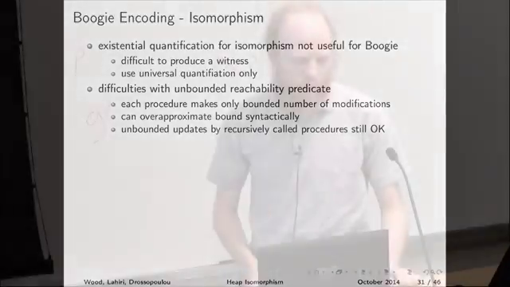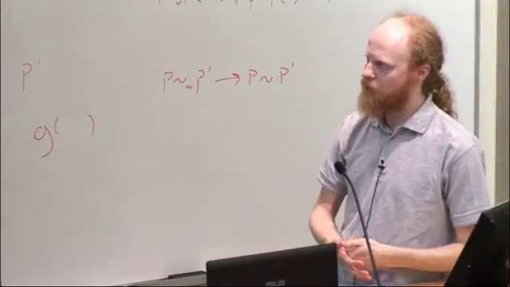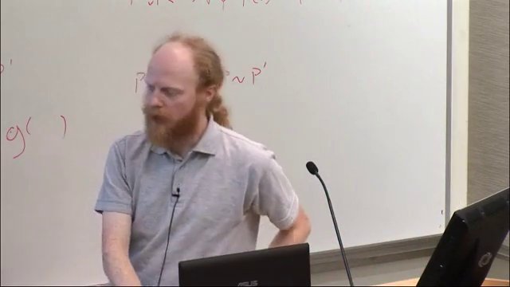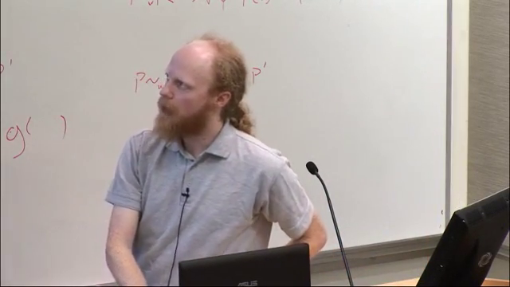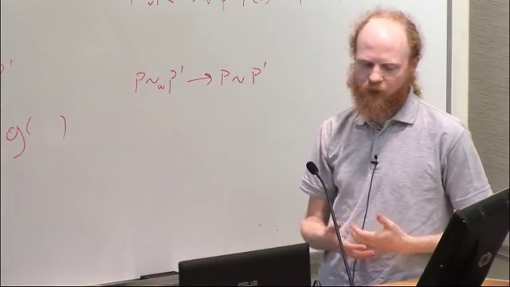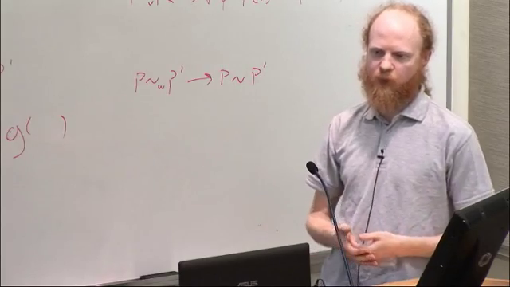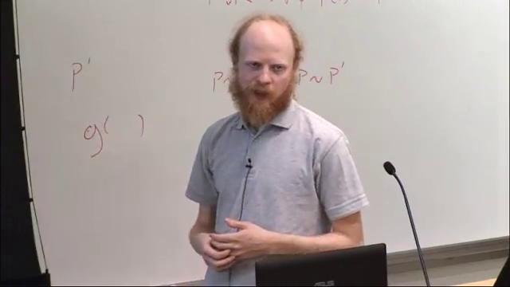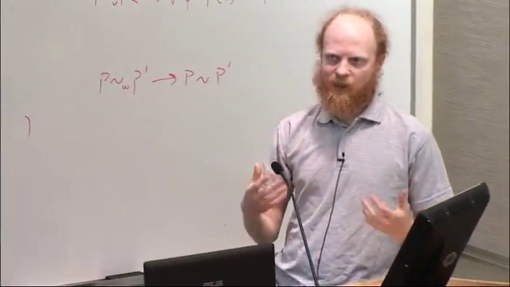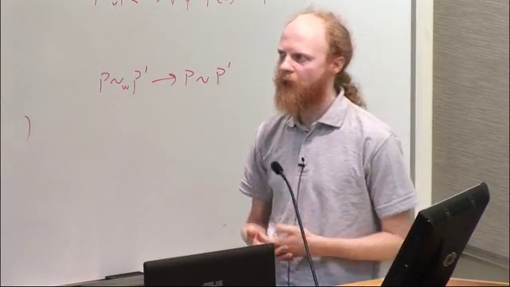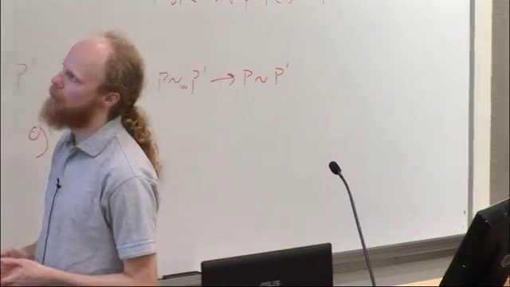So I guess I'm just going to talk a bit about the kind of difficulties with the Boogie encoding and bits where I guess we're not entirely satisfied with what we've got. The first thing is it's quite difficult to use this idea of there exists a mapping between two heaps as your definition for isomorphism, because you have to somehow give Boogie something it can instantiate that existential with, and we don't have it.